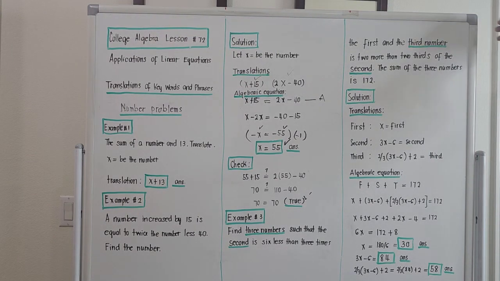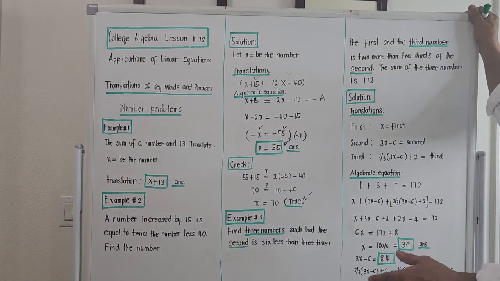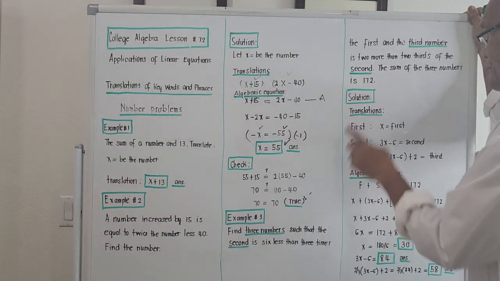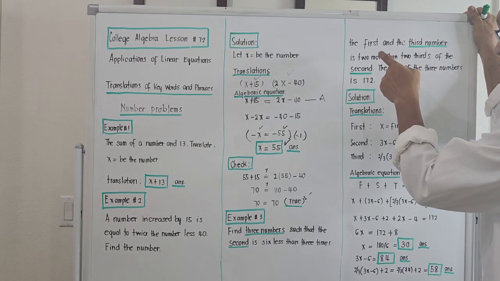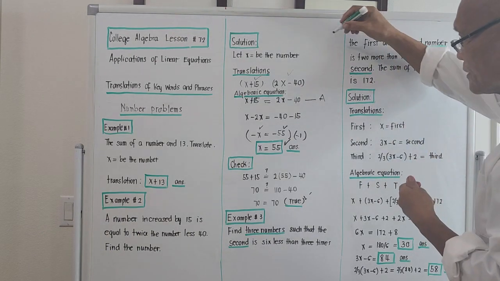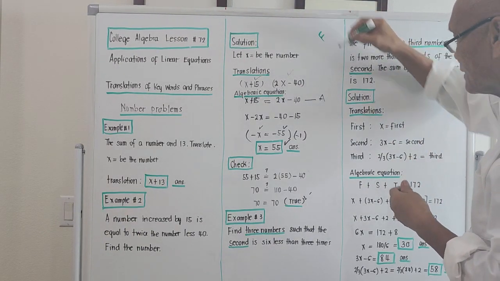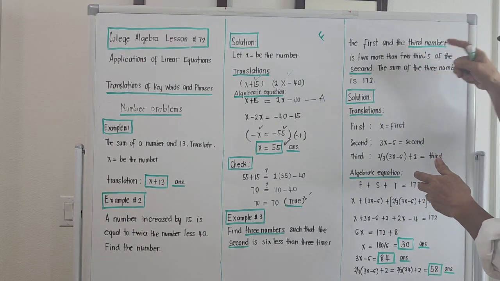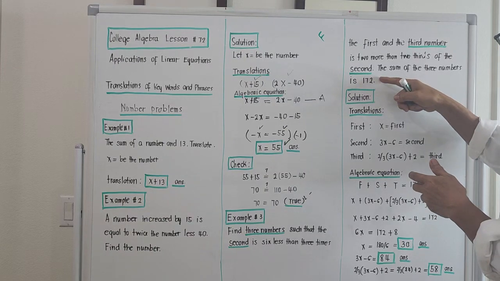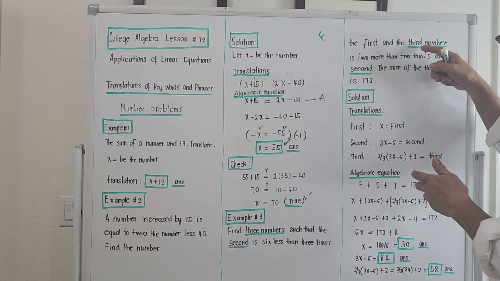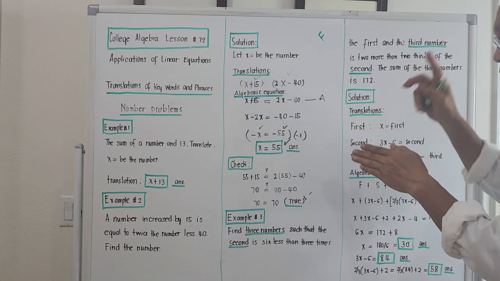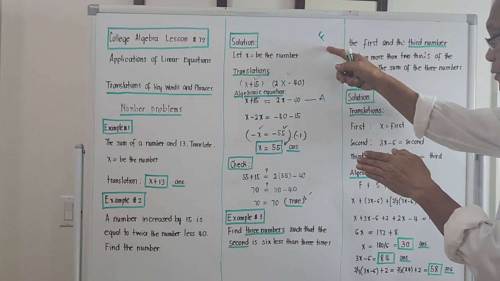Three numbers, right? The problem says the second is 6 less than 3 times the first. So the one missing here is the first, right? And the third number is 2 more than 2/3 of the second. Again, the third number doesn't mention the first, so the one unknown is still the first.